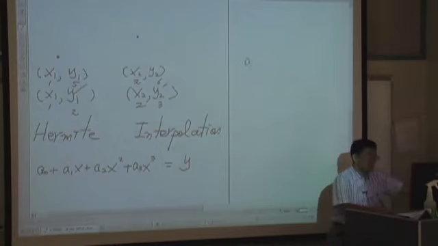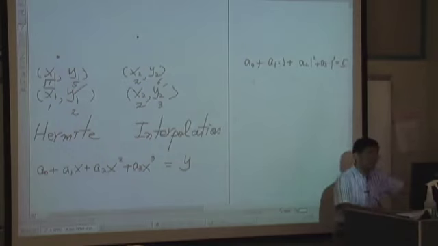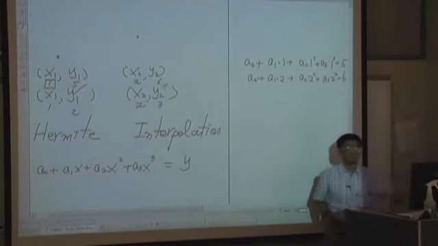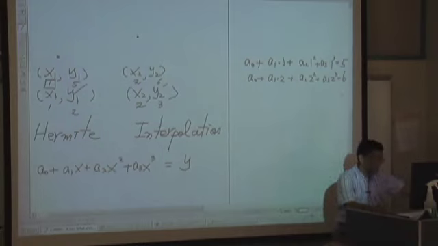A0. So I'm plugging in these 2 numbers. A0 plus A1 times 1, A2 times 1 squared, A3 times 1 cubed equals 5. Do you follow me? Similarly, A0 plus A1 times 2 plus A2 times 2 squared, A3 times 2 cubed equals 6. Now, the derivative is required, so let's differentiate.